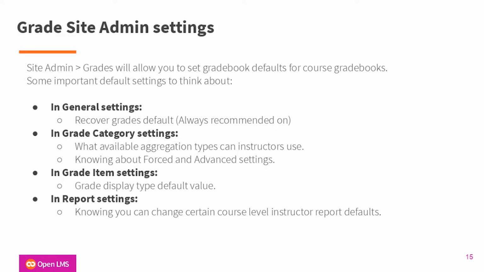In the grade category settings, thinking back to what we talked about during the last call, when you're in a course in the gradebook setup area, there are grade categories. At the site level, you can set the available aggregation types that instructors can use. I was in a session with a client yesterday who was a new administrator, and they weren't aware that you can make multiple available.